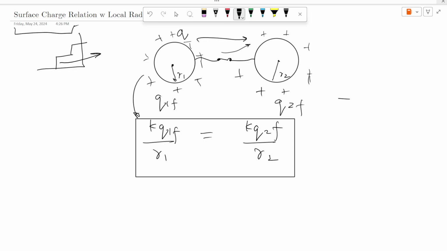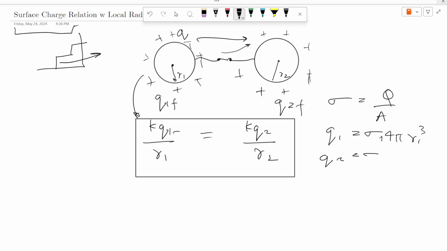We know the surface charge distribution is given by q upon area. For q1, let's just remove the f for simplicity's sake. So q1 can be given by surface charge distribution 1 multiplied by the area of the first sphere, which is 4 pi r1 square.